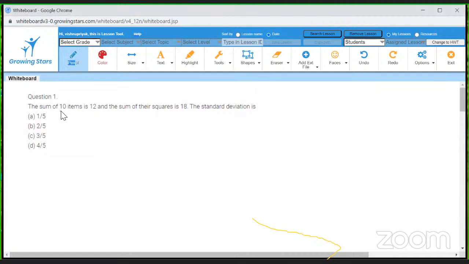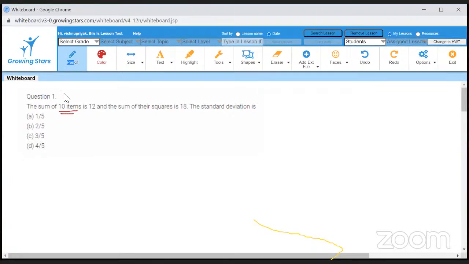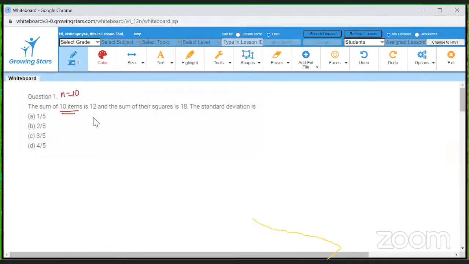Sum of 10 items. n, total 10. Sum is 12. Sigma xi, all observations, if you add, 12. Lohit got 3/5. Let us see what we will get. 3/5 is correct, Lohit.